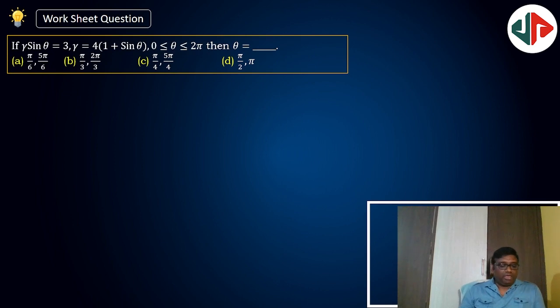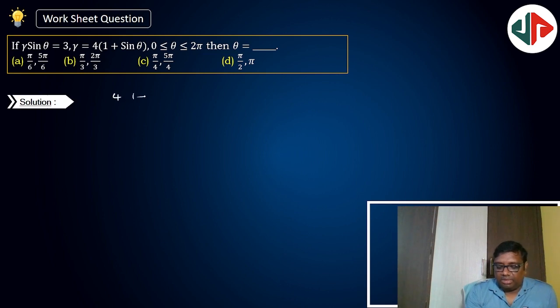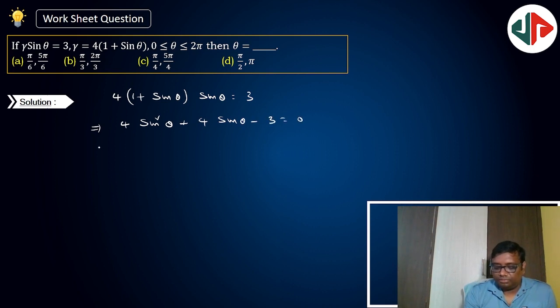Gamma times sin theta is equal to 3, and gamma is equal to 4 times 1 plus sin theta, where theta lies between 0 to 2 pi. Then theta is equal to... So that means 4 times 1 plus sin theta into sin theta is equal to 3. If we simplify, 4 sin square theta plus 4 sin theta minus 3 is equal to 0.